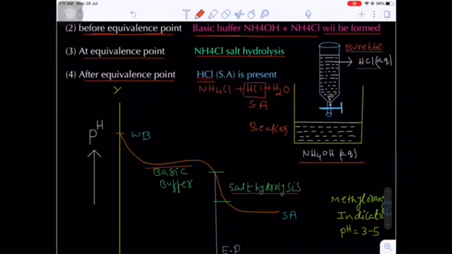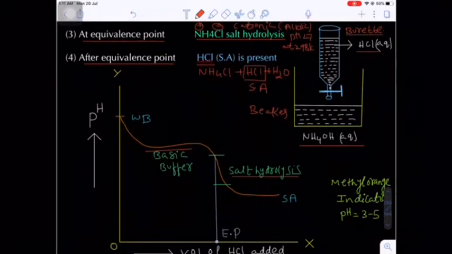From the salt hydrolysis we can calculate the pH of the solution at the equivalence point. Here the salt is ammonium chloride, where the ammonium cation is the weak cation and Cl minus is the weak conjugate base of the strong acid hydrochloric acid. So this is a cationic hydrolysis. In cationic hydrolysis, the aqueous nature of the solution will be what?